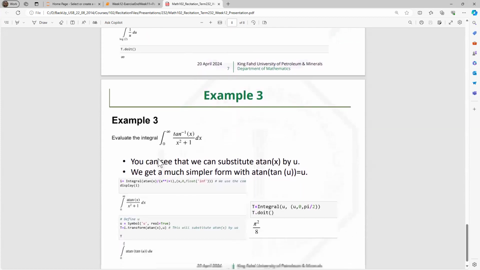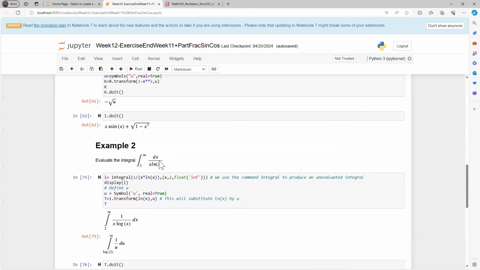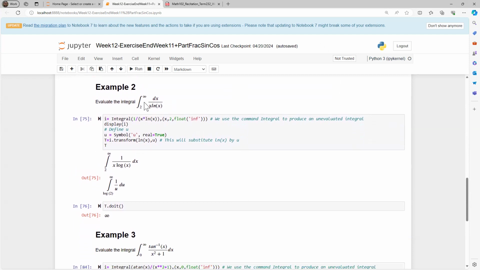Example 3, we have here, let's have a look, first of all, at the Jupyter notebook. On the Jupyter notebook, we performed exactly what you've seen in the slides, integral from 2 to infinity of dx over x ln x. Here is our I integral, the limits of integration from 2 to float of infinity. We display I. We define the new variable, u.